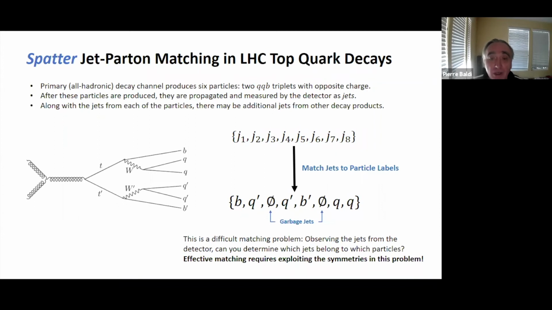Another problem we're working on is the problem of jet parton matching for top quark decays. So here again, you have lists of jets that could include garbage jets, etc. And what you want is to reconstruct this type of events. So you want to identify the Qs, you want to identify the Bs, and there are a lot of permutation issues.